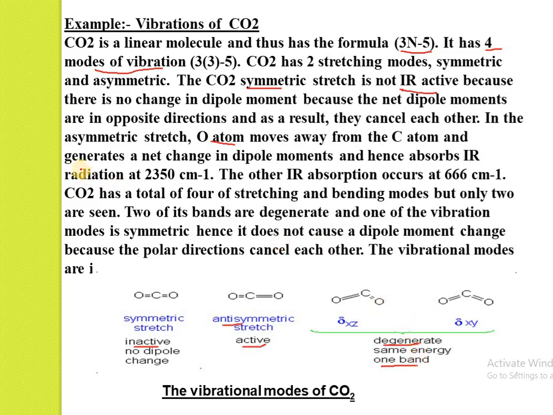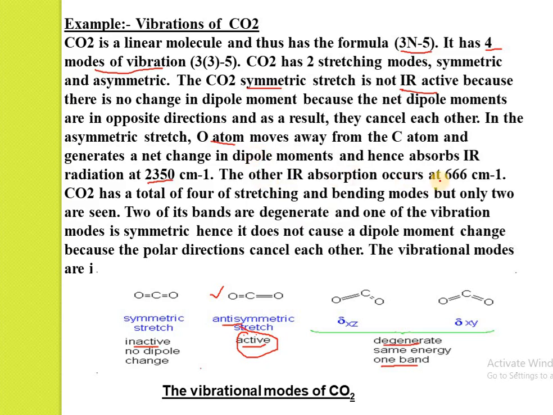In the asymmetric stretch, the oxygen atom moves away from the carbon and generates a net change in dipole moment, and hence absorbs IR radiation at 2350. That is, the asymmetric one will show a peak at 2350 centimeter inverse because it is active and has a net dipole moment.